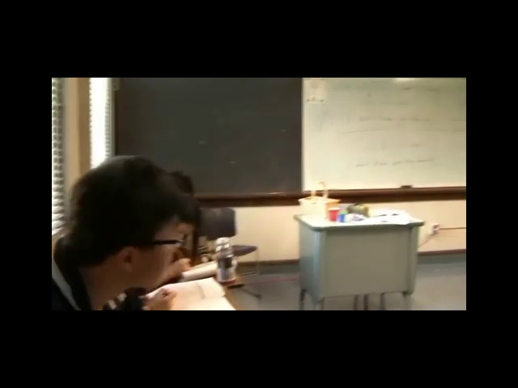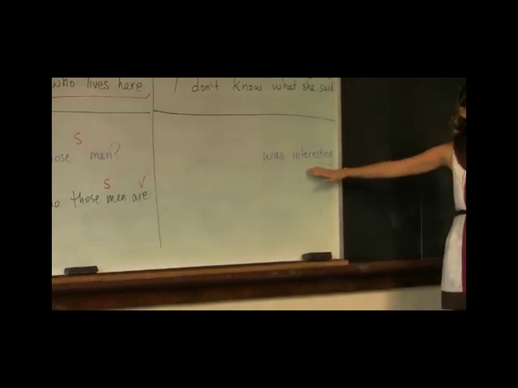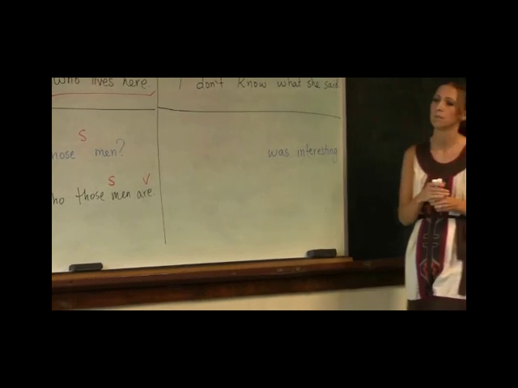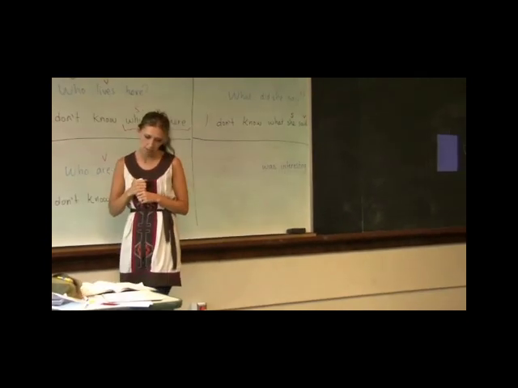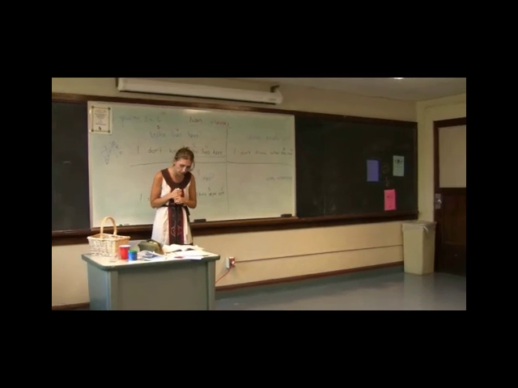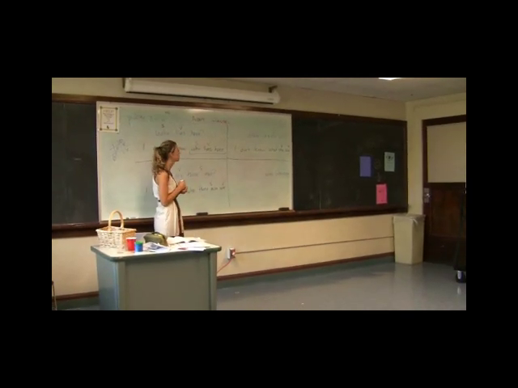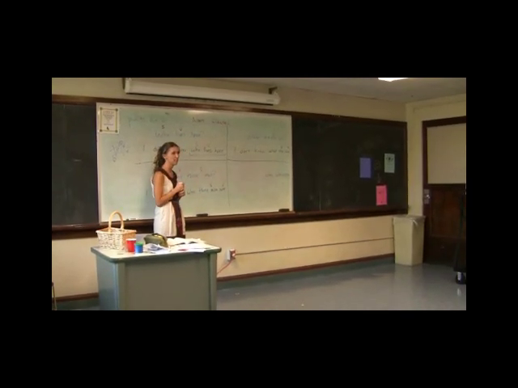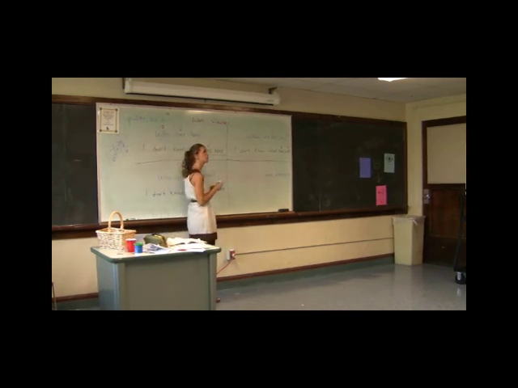Here we don't have the beginning of the sentence. We have the end of the sentence. We have was interesting. Okay? So the clue says, what was he talking about? And then it says, was interesting. So we're actually not ending with the clause. We're starting with the clause. So how do we do this one? I don't know what he was talking about, but it was interesting. Okay.